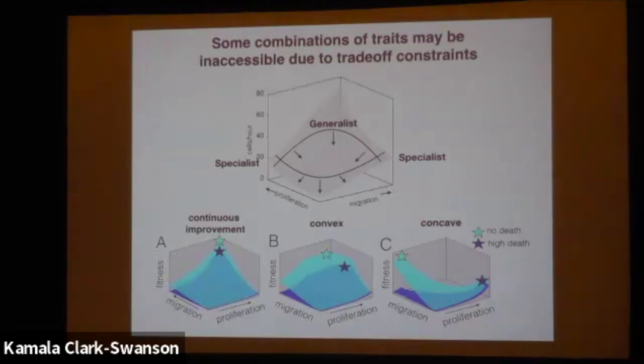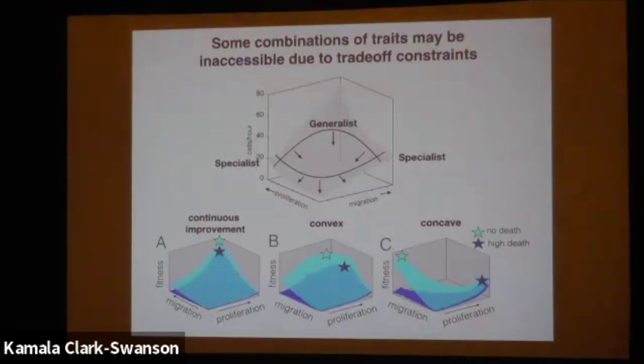There could be more generalists found if it's still allowing that top corner to be attained, or you could get specialists that are better at proliferating but not so good at migrating, or better at migrating and not good at proliferating. And if you look at the bottom here, I'm also comparing what happens when you increase the death rate. If you have this continuous improvement and you can get to that top peak of the fitness landscape, then you're always going to find that peak.